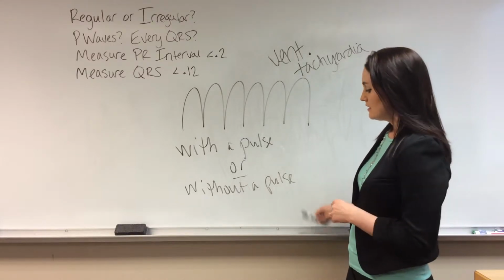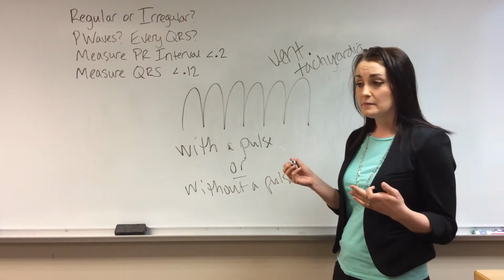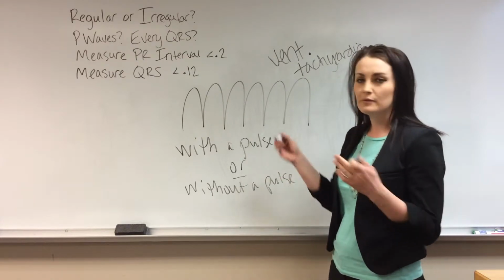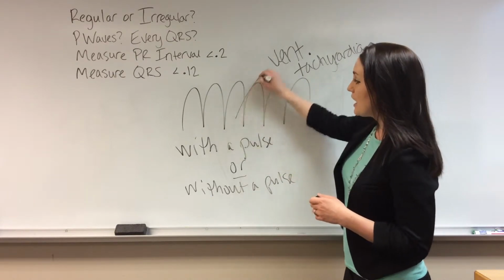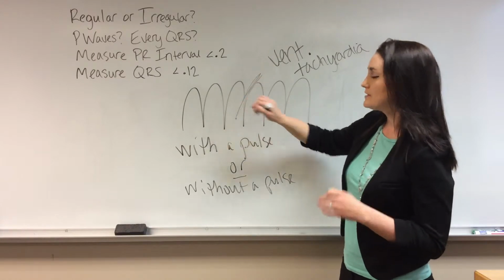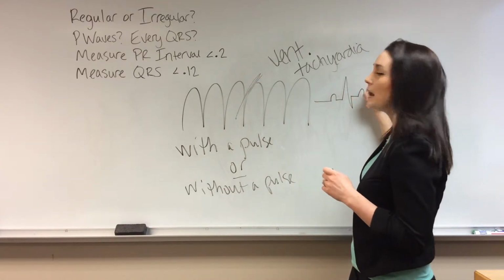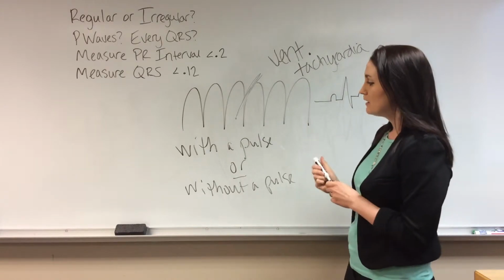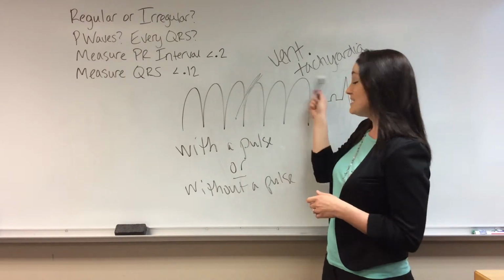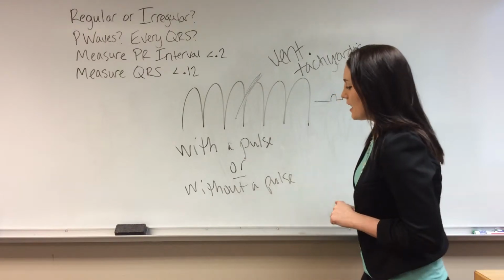What we want with that cardioversion or defibrillation is to shock that rhythm, stun the heart, and hopefully get it to pop back into a normal rhythm. So that's VTAC with a pulse.